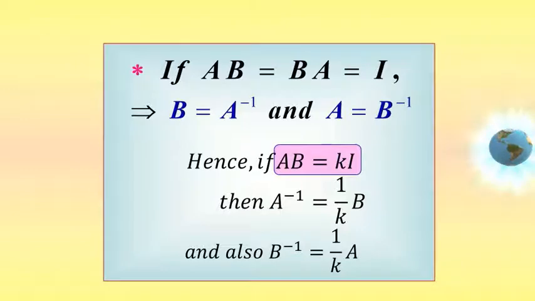Hence, if we have A times B equal to KI, K is a scalar, any number, then the inverse of A, we can find by dividing B by K, or 1 over K times B. Same as if you want to find the inverse of B, divide A by the constant K, or 1 over K times A.